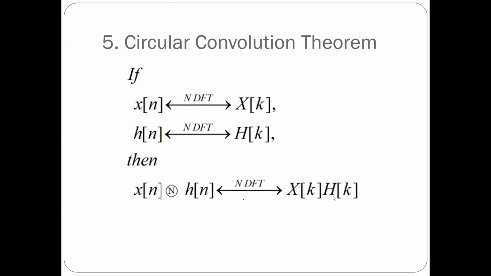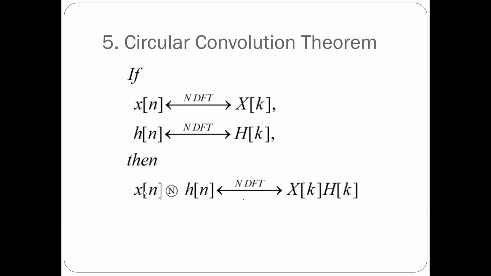So fast Fourier transforms are fast algorithms to compute the DFT of the sequences. So by means of fast Fourier transforms and inverse fast Fourier transforms, for practical lengths of x of n and h of n, you will see that doing the computation of the linear convolution in the frequency domain could be much faster than doing this directly in the time domain. So we will illustrate that later.